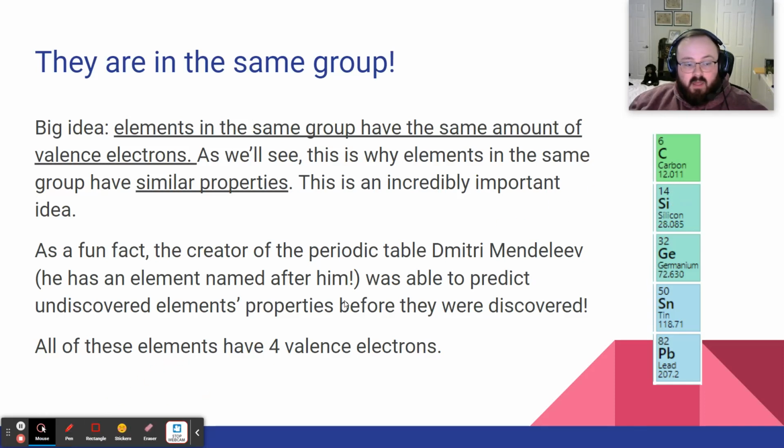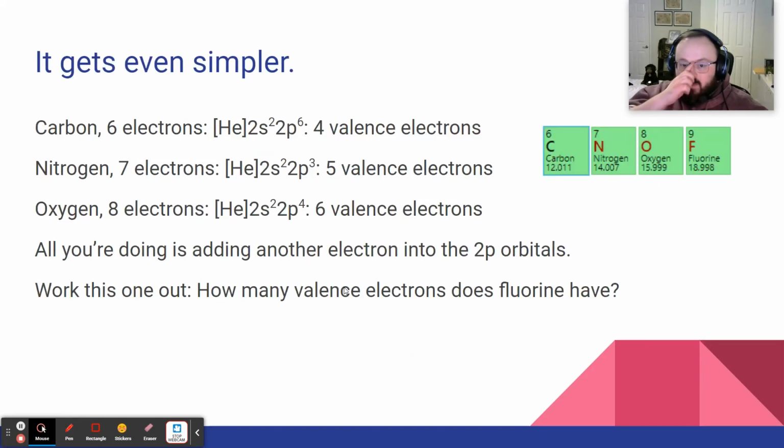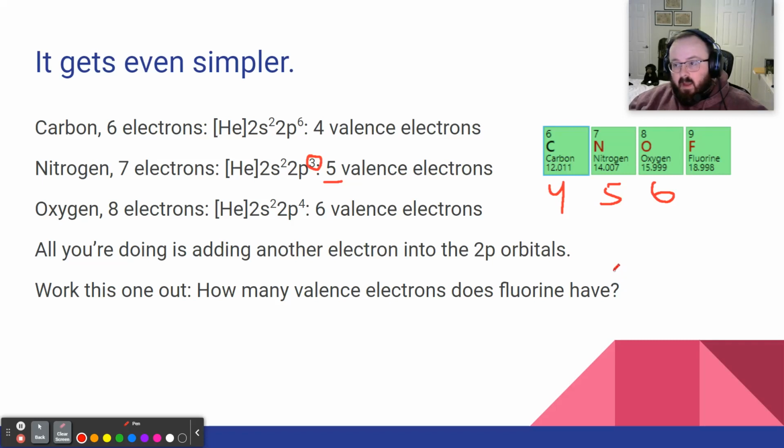Alright, so that is the big important idea, and we can simplify this even more. Carbon, 4 valence electrons, as we have just seen. Nitrogen, you add an extra electron into the p orbital, 5 valence electrons. Oxygen, you add another electron into that 2p orbital, 6 valence electrons.